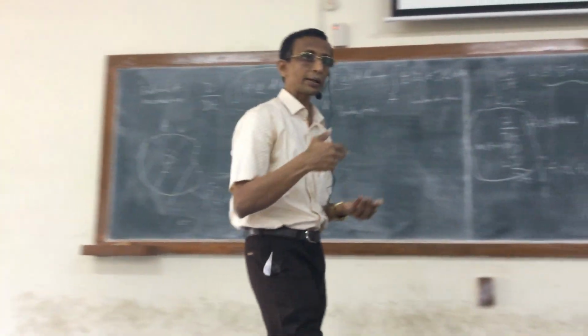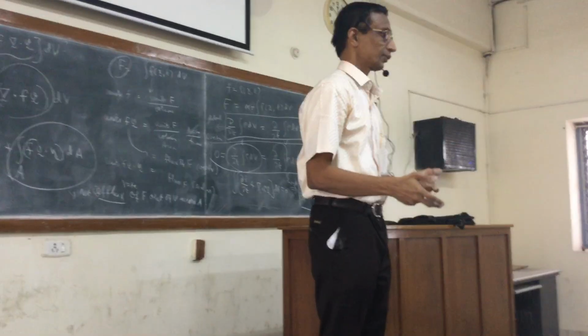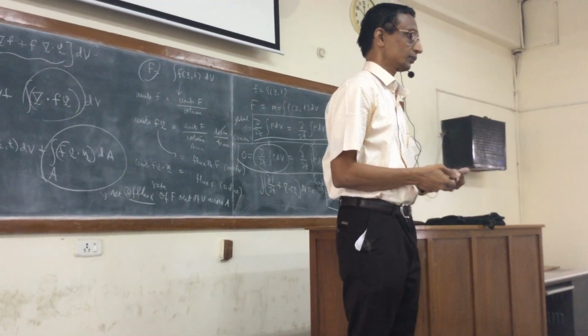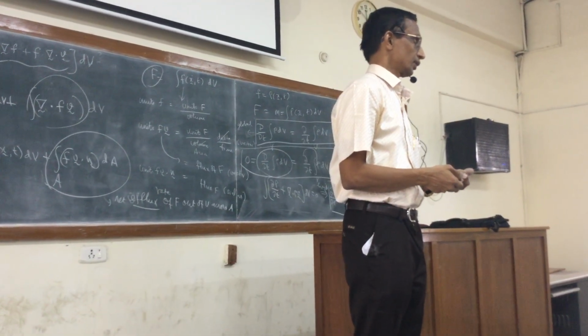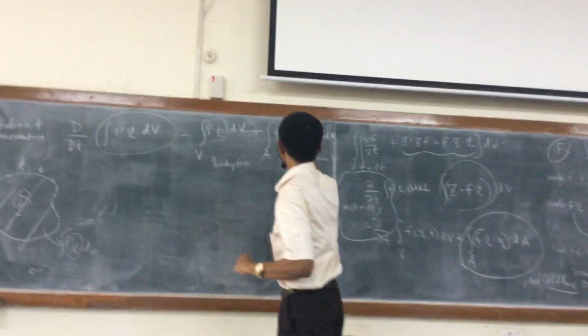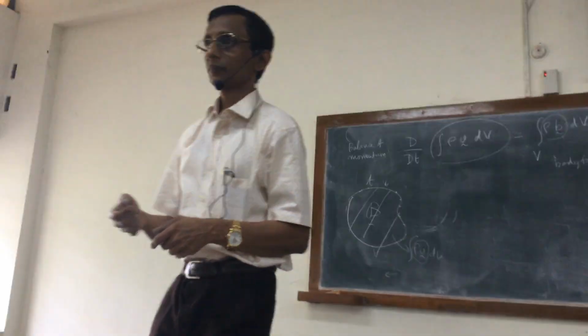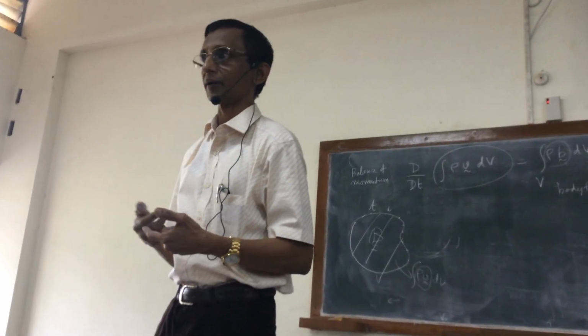But to calculate the contact force on the body exerted by the fluid surrounding the body, you need to specify what may be regarded as the contact force density. We will call it the stress vector.